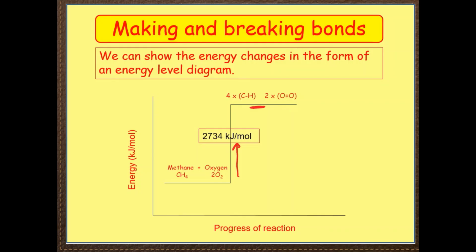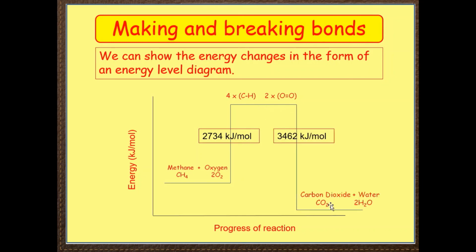But the moment that takes place, to form carbon dioxide and water, this amount of energy is given out. So we need to find the net difference. The net difference will be the difference between this level that we have and this level.